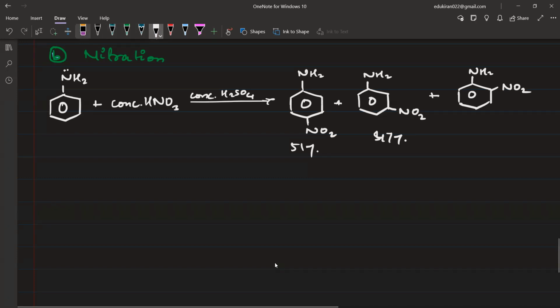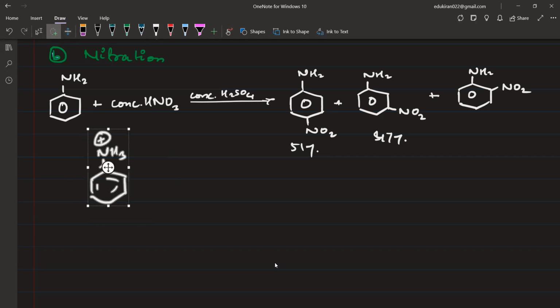So this lone pair will attack the H plus ion, making it NH3 positive. Now this NH3 positive is an electron withdrawing group. It is not an electron donating group now because it has a positive charge. And that is why we get a meta product here.